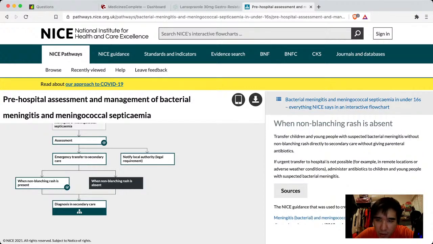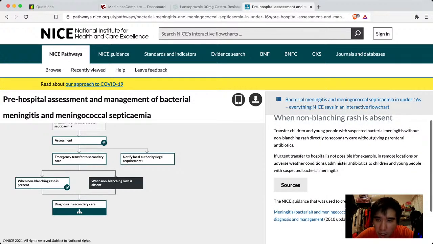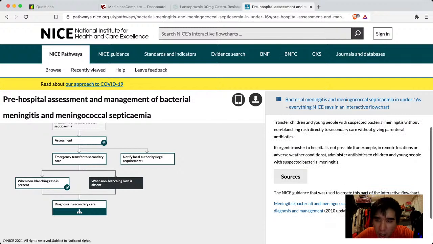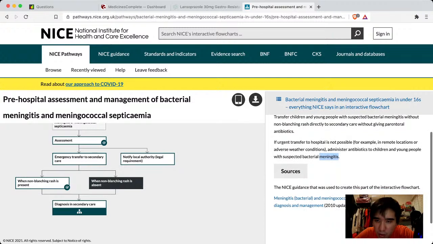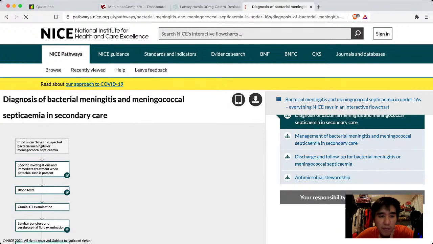When the rash is absent, you don't give any antibiotics, unless urgent transfer to hospital is not possible, then you give it in the primary care setting. Then refer to secondary care.